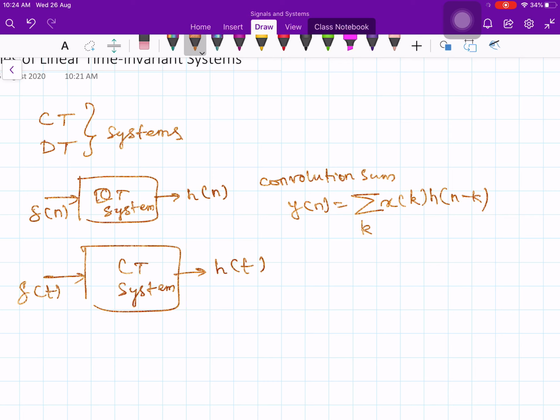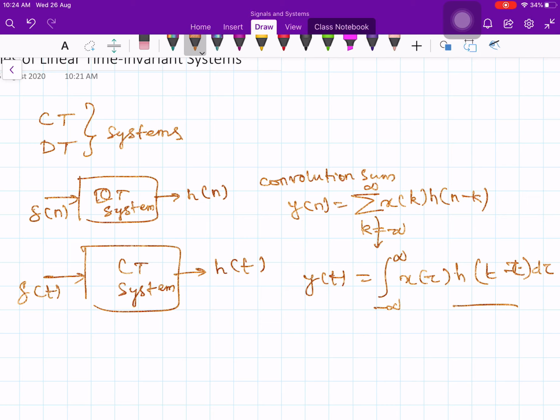You simply replace the summation by integration, with limits from minus infinity to plus infinity, and x of k is replaced by x of tau, and h of n minus k is replaced by h of t minus tau d tau. That is all. This is called the convolution integral.